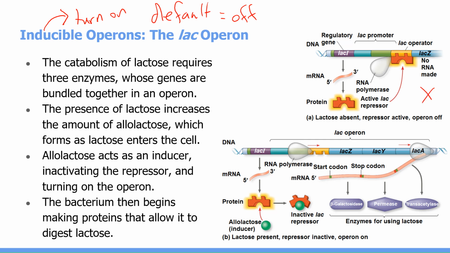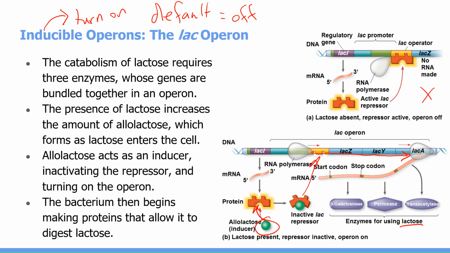But once lactose enters that bacteria, allolactose, an inducer, again, binds to the repressor. And so that repressor cannot bind to the operator, and thus the RNA polymerase is allowed to go and transcribe the three enzymes in order to break down lactose.